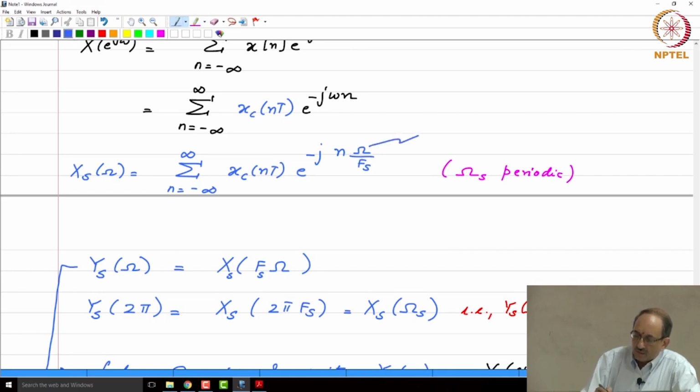If you did that, this Fs will get cancelled. So, minus j n times omega by Fs will become minus j omega n, which is exactly this, and Xc of nT is nothing but x of n, that is all, as simple as that. So, basically you are taking the impulse train sampled signal which is omega s periodic and compressing the frequency axis by Fs, so that the omega s periodic function becomes 2 pi periodic, which is what the DTFT is.